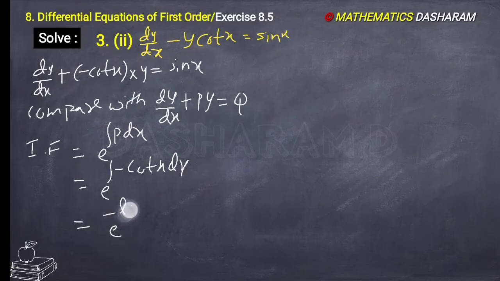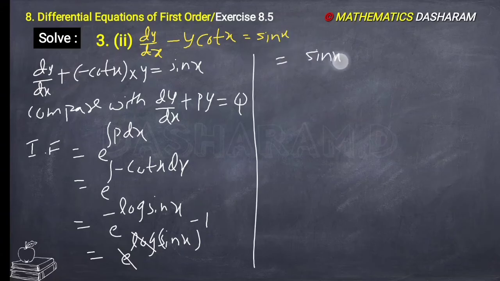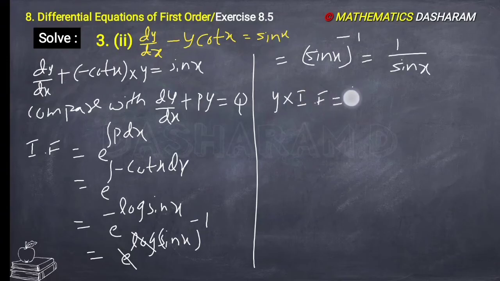So e to the power of minus log sin x, that is e to the power of log sin x to the power minus 1, then the e and log cancel. So it is equal to sin x whole power minus 1, that is 1 by sin x. Next, the solution: y into the integrating factor equals integration of q into the integrating factor dx plus c.